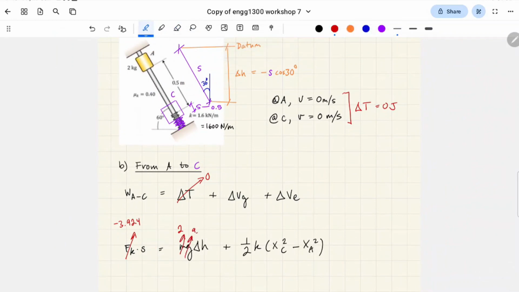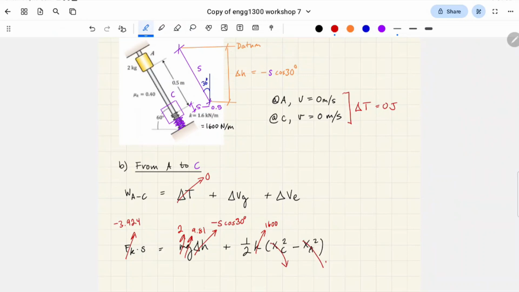M was 2, gravity was this. So H is also going to be an expression in terms of S. So it's a decrease in gravitational potential energy, so it'd be a negative. K is going to be 1600, that's given. Don't put it as 1.6. Make sure to convert it to newtons and meters.